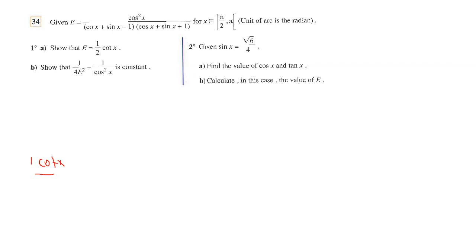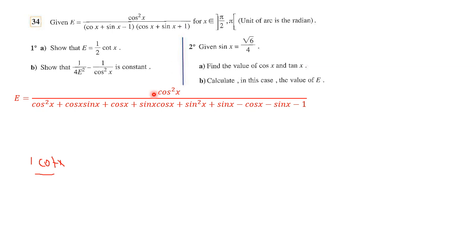Okay, now in exercise 34, look at this expression, and you are asked to show that E equals 1 over 2 cotangent x. Okay, this is very important. So E equals cosine squared, and what you have in the denominator, you need to expand.